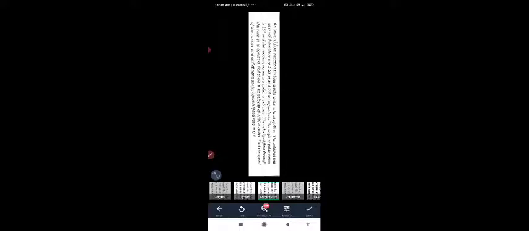Okay, this is the problem. We are asked to find the outlet vane angle, that is phi, and blade velocity, that is u1.